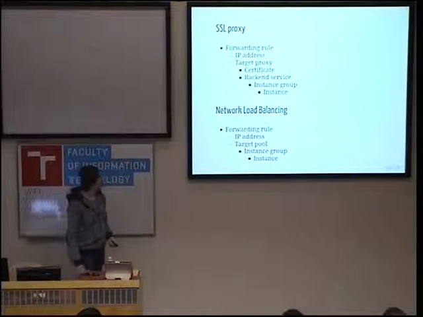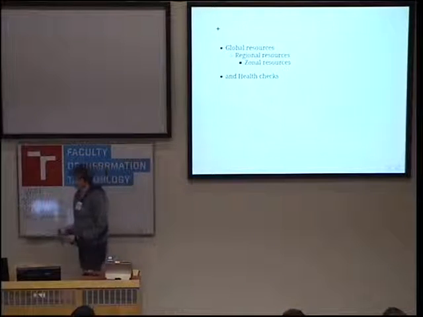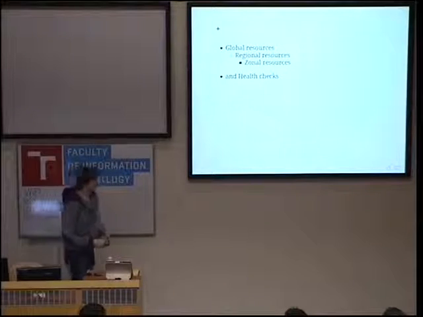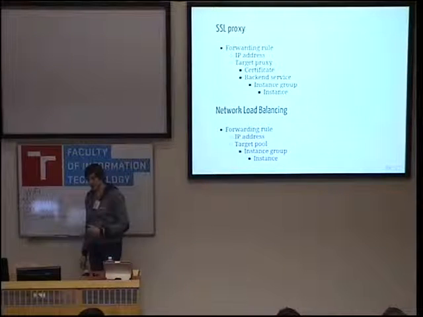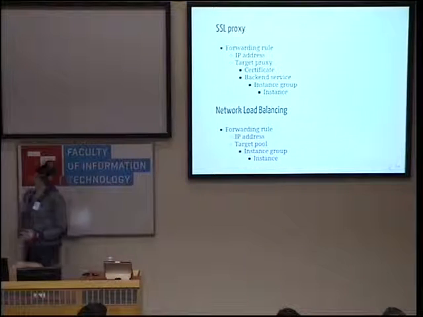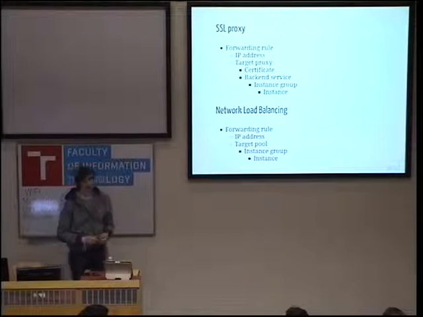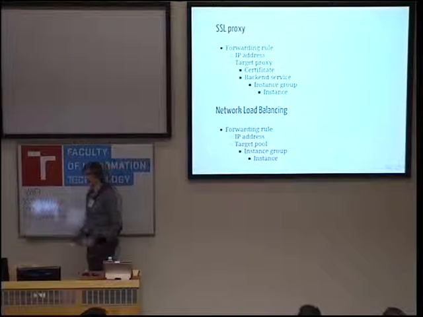It's kind of hard to put it all together. As well, I think health checks are required for the backend services. So when a health check fails, the traffic is not forwarded to the broken instance.